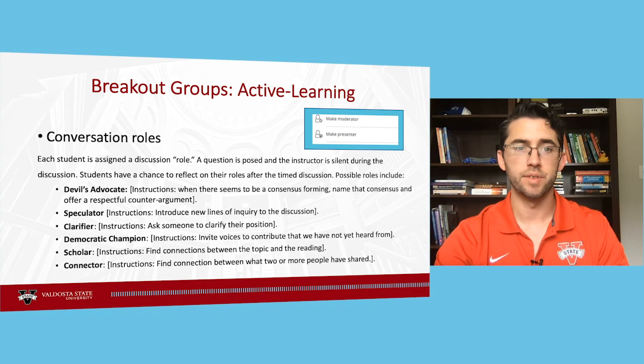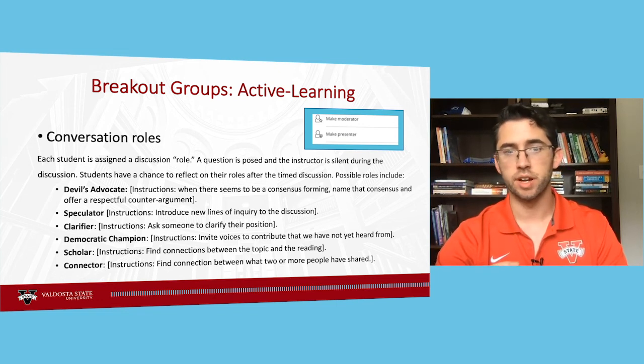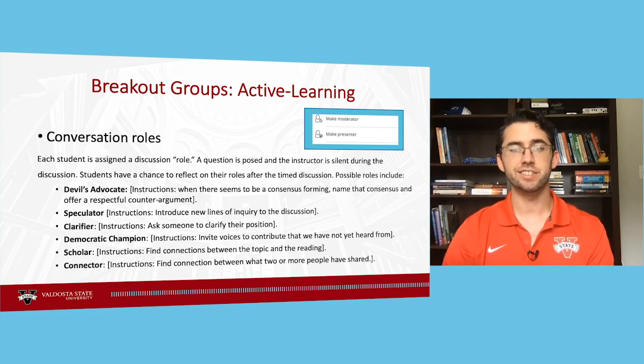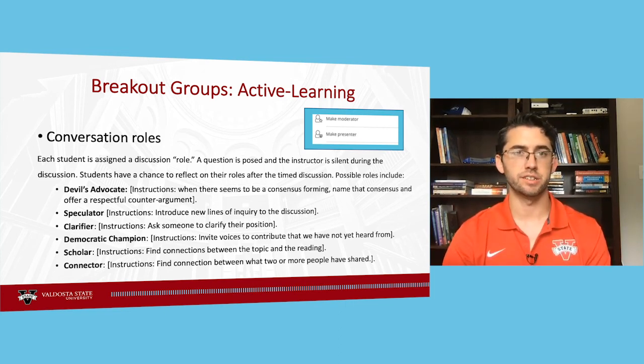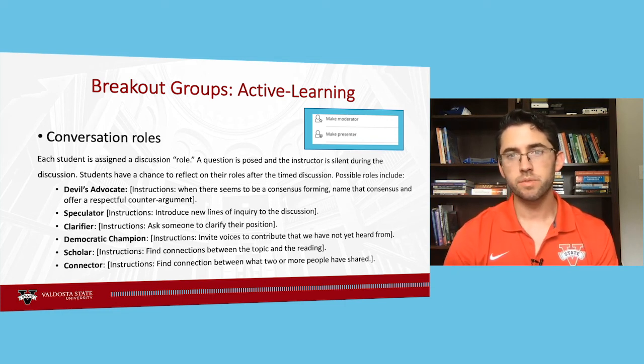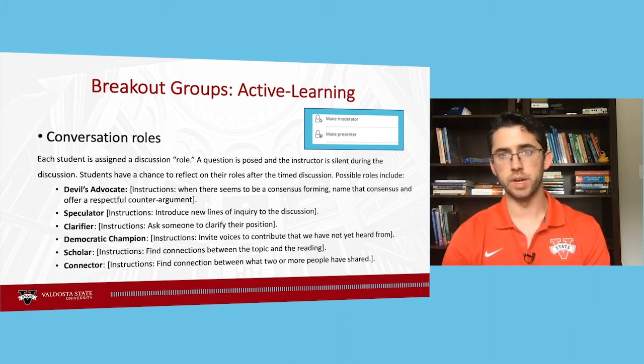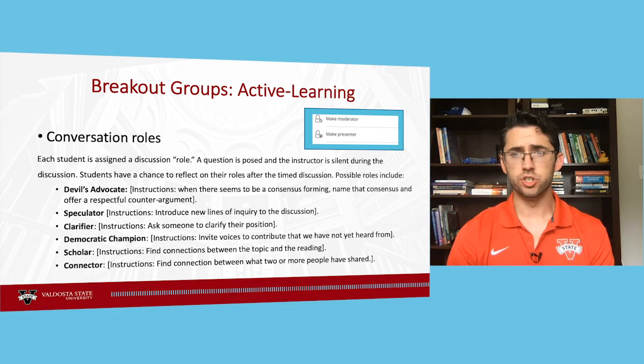You could have a speculator, a clarifier, a democratic champion, a scholar, and also a connector as well. You'll see definitions for each one of these roles on the side. Some of your students may actually just be looking on and seeing this as it happens. You could even have students peer evaluate each other to see how well they do with a particular role.